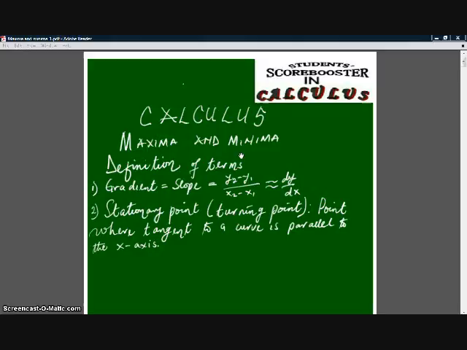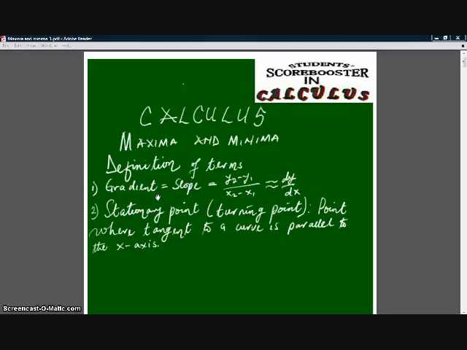some definition of terms. In this lecture, under this topic, there are two important terms that you need to know. One of them is gradient, which is the same as slope.